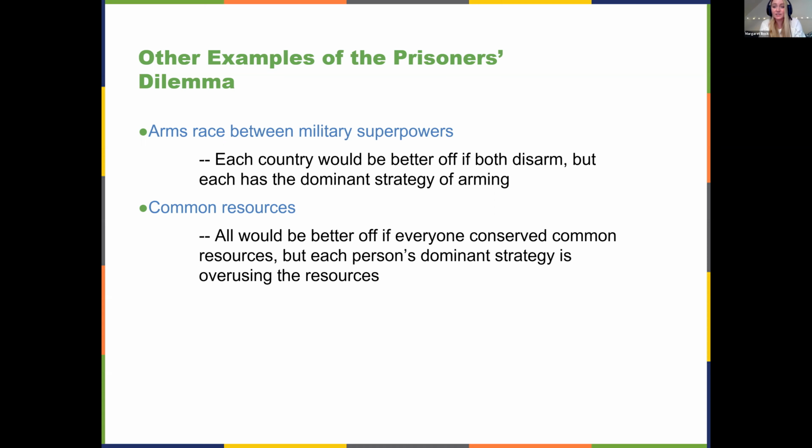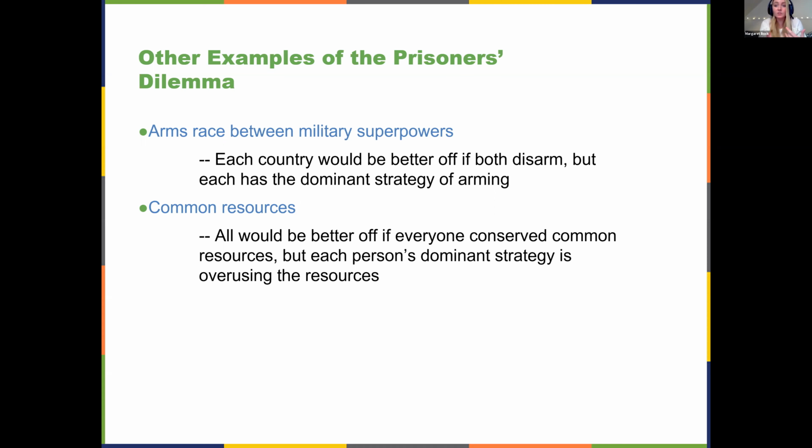Common resources is another example of a prisoner's dilemma situation. And we're going to talk about common resources maybe in 2 weeks from now when we talk about negative externalities. So common resources will come up again in the future, but we can use the prisoner's dilemma and game theory to analyze what happens with common resources.